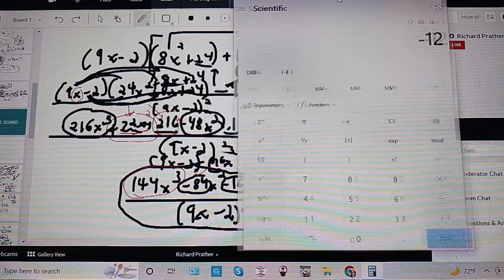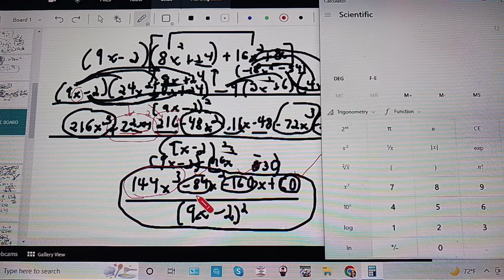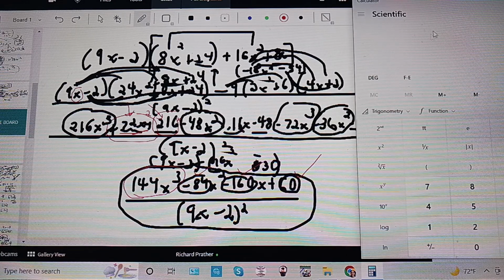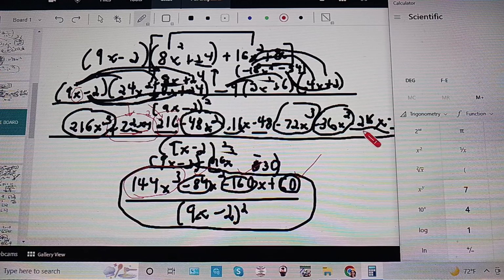So that should have been negative 12 of those, not negative 84. And then the 216x would combine with 16x, and then there's a negative 216x over here. So those two 16x's should cancel, and there would just be the negative 16x.